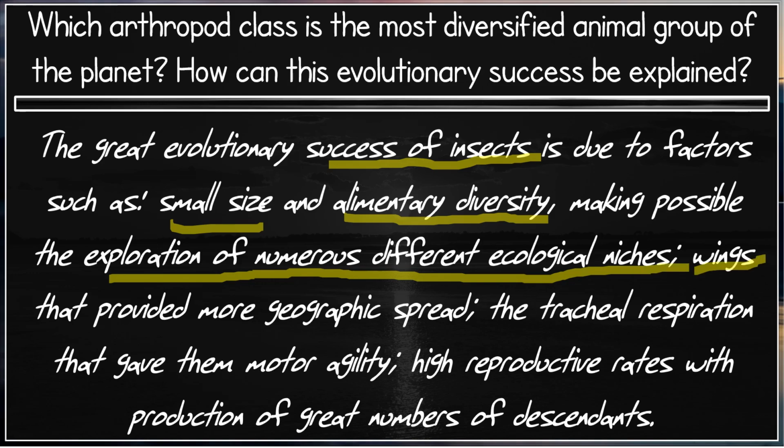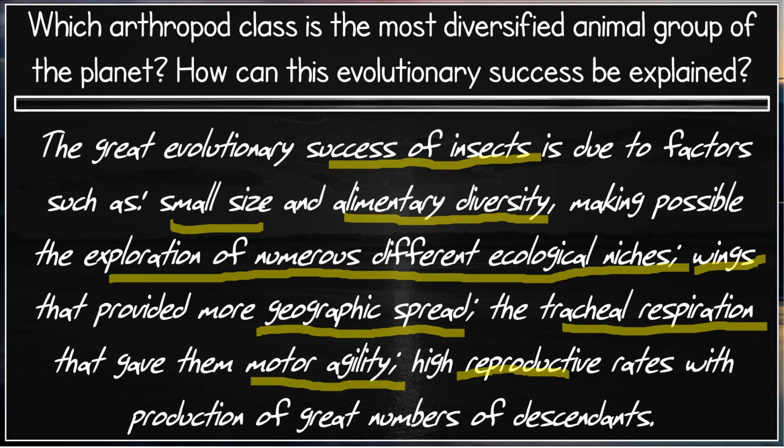They have wings that provide more geographical spread. They have tracheal respiration that gave them motor agility, and high reproductive rates with production of a great number of descendants.